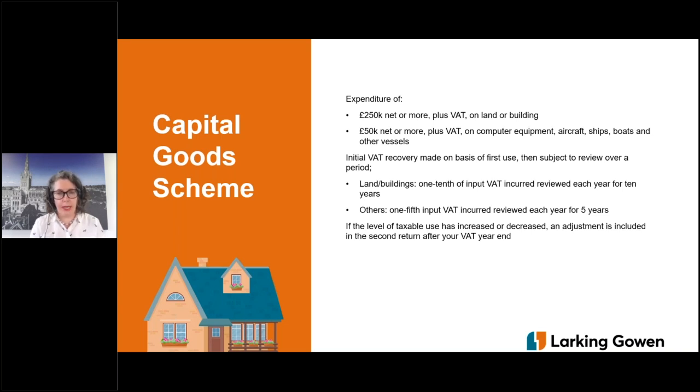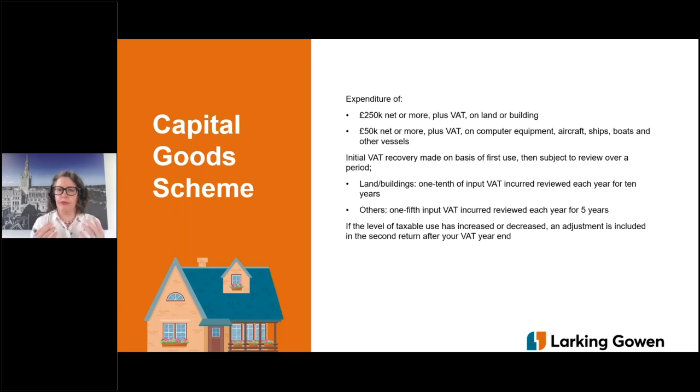Now, computer equipment here, I should say, doesn't mean 50 laptops at £1,000 each. It means one large piece of computer hardware at £50,000 or more. So that's why I say it's less common that we see this 50,000 test. The 250 for land and property is the one we normally see.